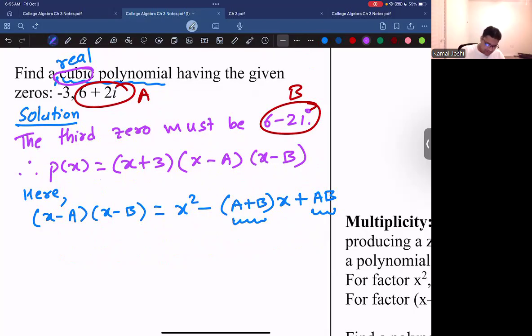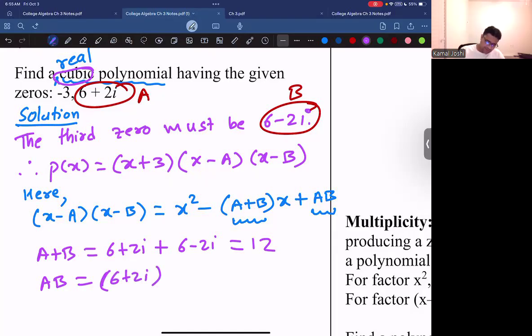So a plus b here will be 6 plus 2i plus 6 minus 2i. The 2i and 2i cancel, you get 12. And ab will be 6 plus 2i times 6 minus 2i. In one of the previous videos we studied that when you multiply conjugates like that, it becomes a squared plus b squared. That is 36 plus 4, which is 40.